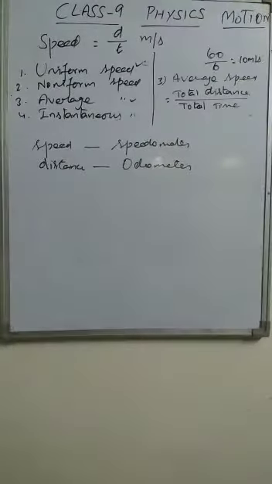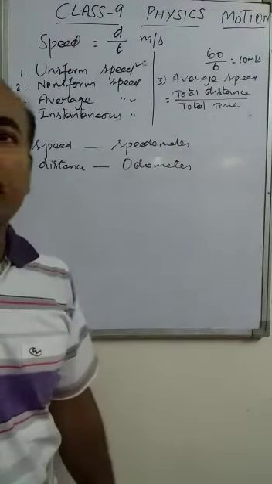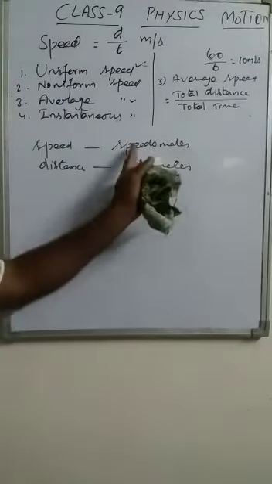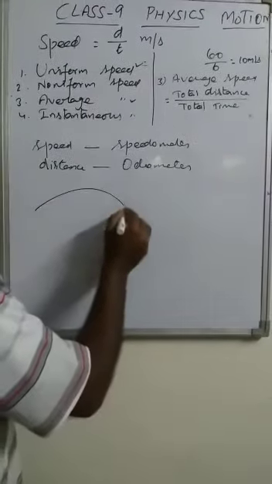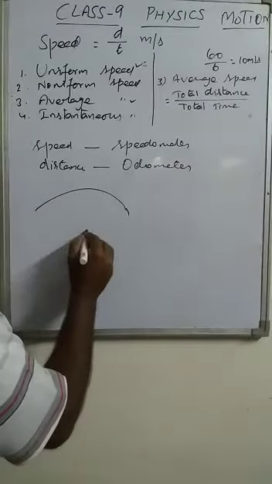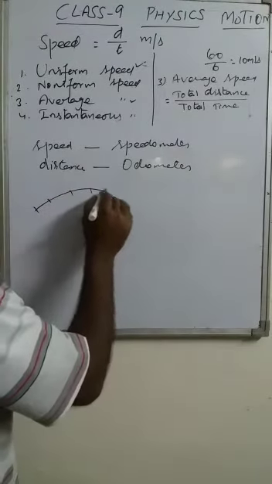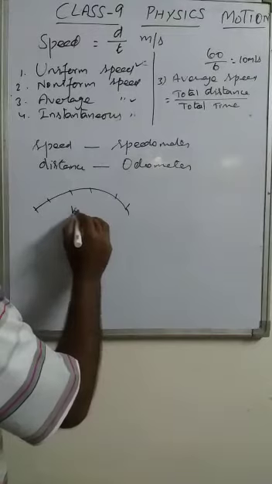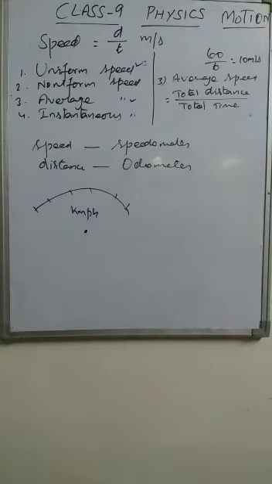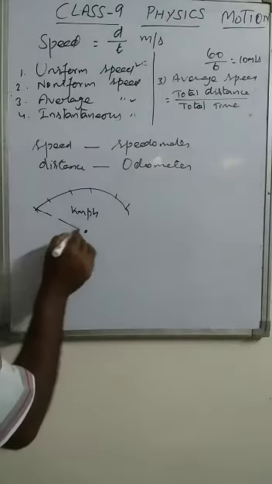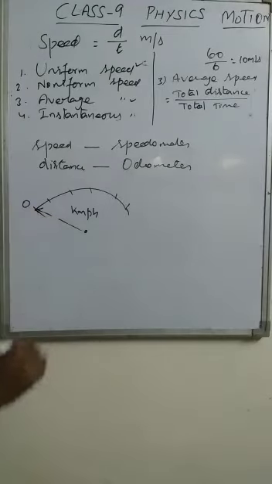Whenever we travel in that vehicle, the speedometer has this type of structure. Here the values are written in kmph, that is kilometer per hour. When the vehicle is at rest, you find the needle shows 0.